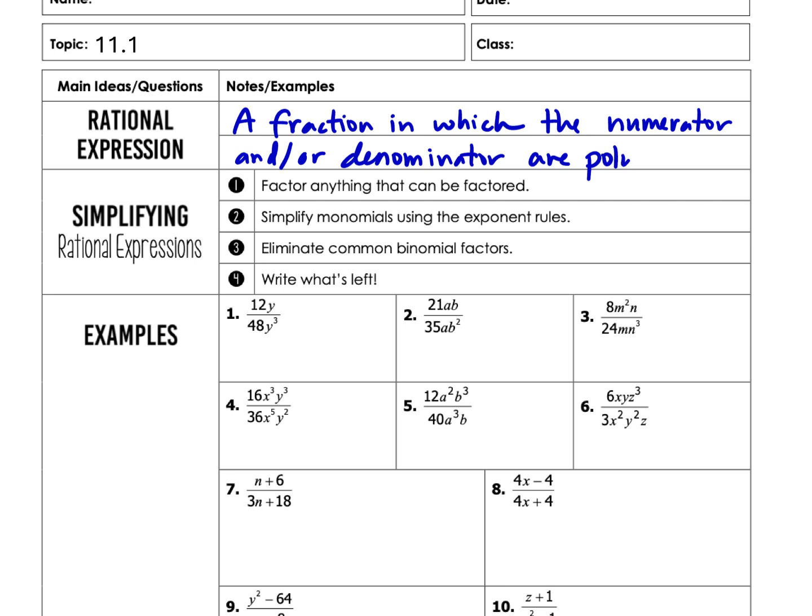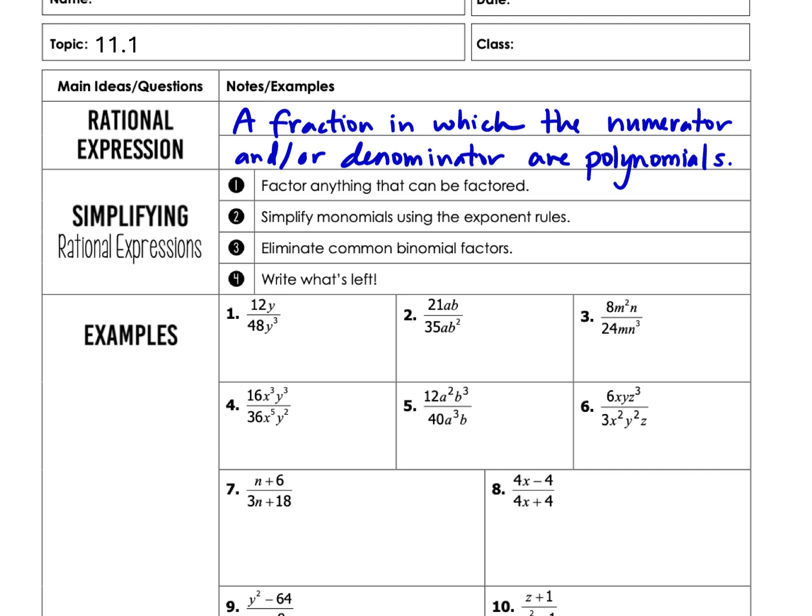Remember, a polynomial just means you have multiple terms. There's often an x squared or a y squared or an exponent involved. Not always, but multiple terms, okay?